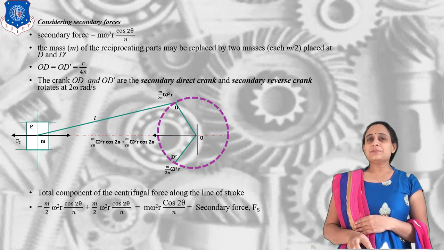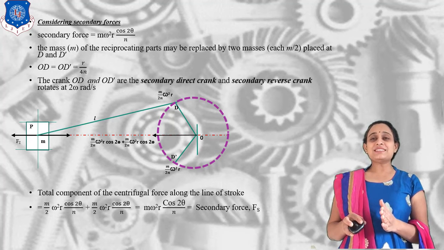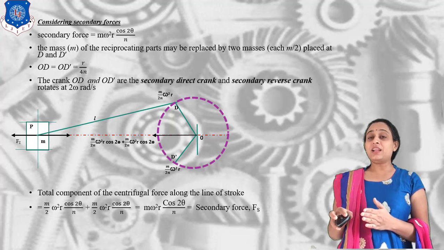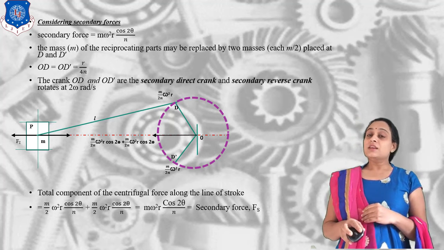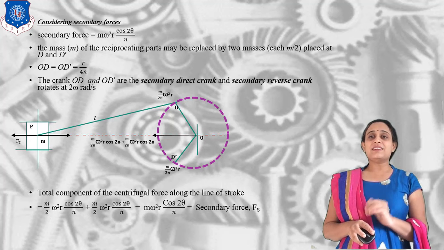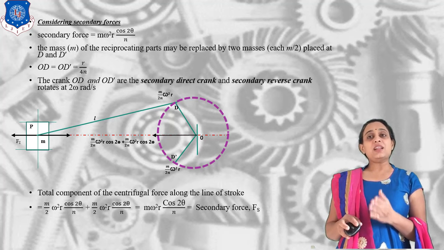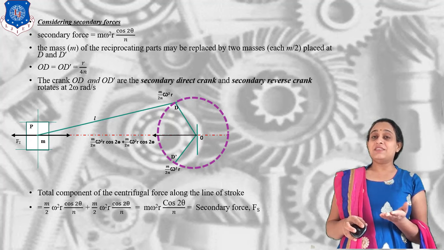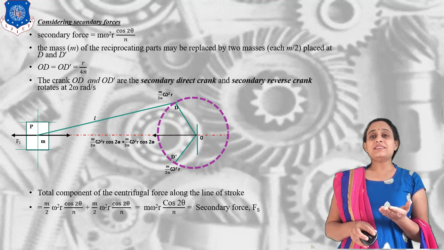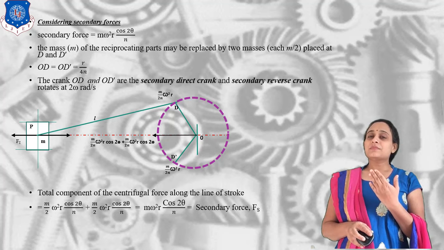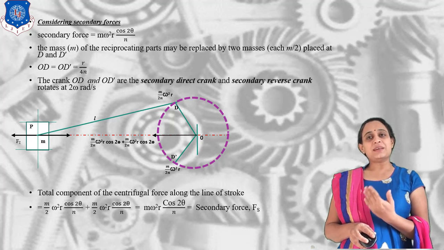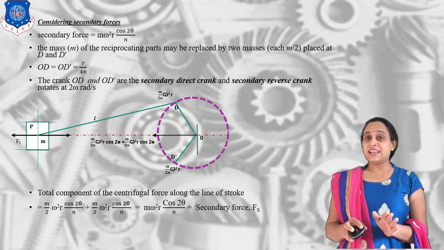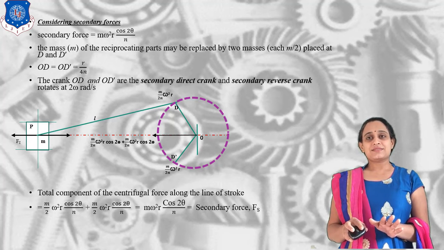The first component is m by 2 omega square r cos 2 theta by n. The second component, for the reverse crank, is m by 2 omega square r cos 2 theta by n. Now if we take the sum of it, we get m omega square r cos 2 theta by n, which is exactly the same as the secondary force.